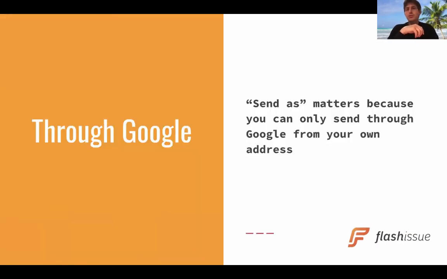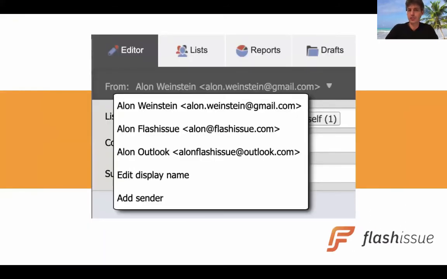Now, if you use send as, we also can send the messages through Google. And this is what I mean. So in Flashissue, if you click on the from name, you can add other addresses. And when you send the message from Flashissue, it's going to appear as if it's being sent from some other address, not your gmail.com address.